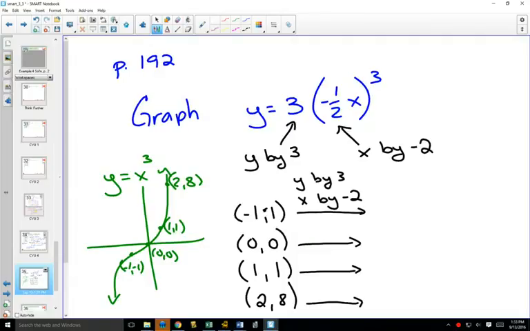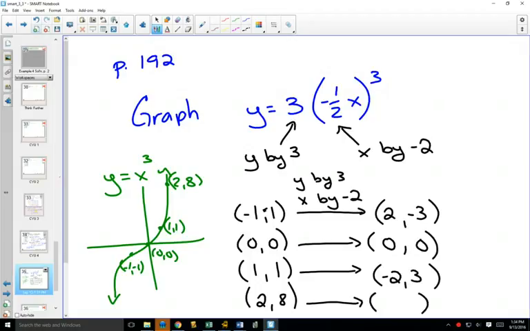So starting with negative 1, negative 1. And if you're going to make a mistake in mental math, somewhere it's going to happen in one of these, because you're going to do lots of little mental math. We need to multiply the y by 3, x by negative 2. So we get 4 new points.